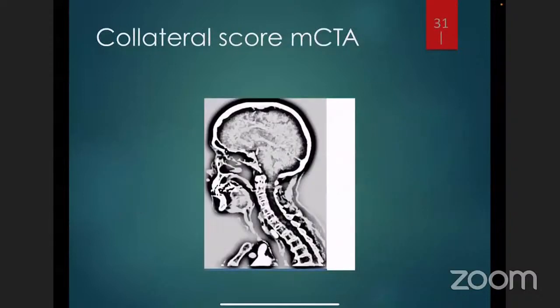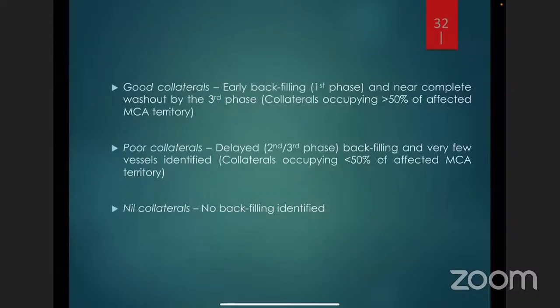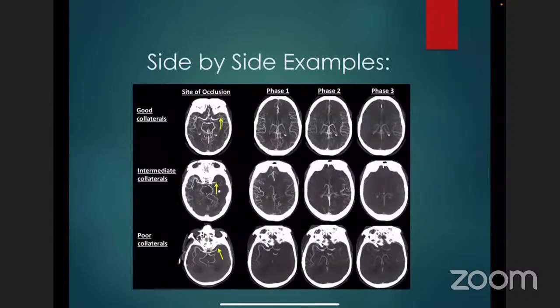What about the multi-phase CTA? It is the CT angiogram with 3 phases to check if the patient has good, intermediate, or poor collateral, for example early backfilling. As you can see in this picture, the first row is a good collateral, and you can see the site of occlusion in the left M1.